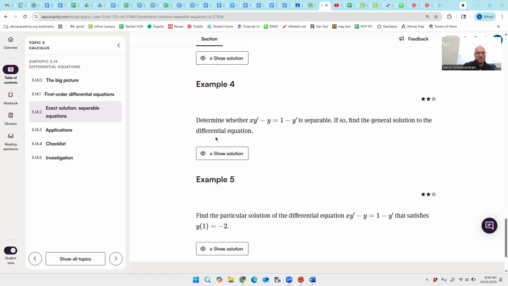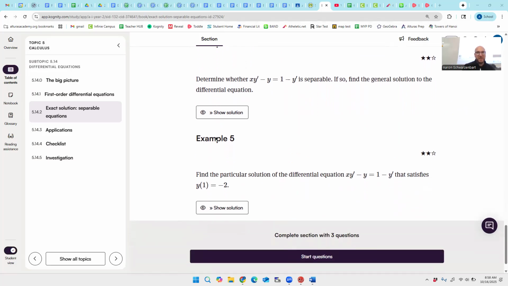This next one's worse. So now I've got two y primes. It's not really that much worse though. So I'm going to add y prime to both sides and y.